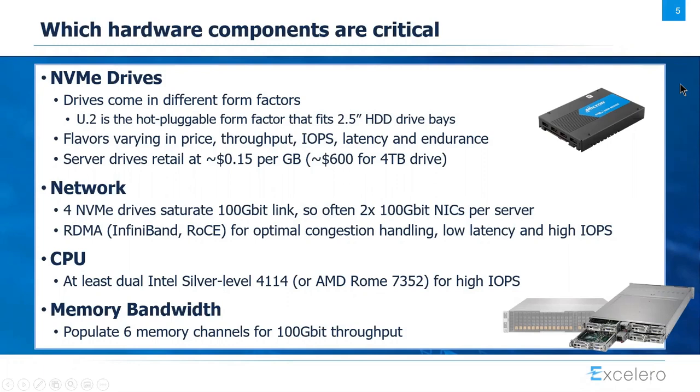The other important thing to preserve the low latency and the high IOPS is the type of network that you use. While generally, technically, everything would work with TCP, the problem with TCP is that it is designed for lossy networks and has a rather defensive, I would say, congestion handling.